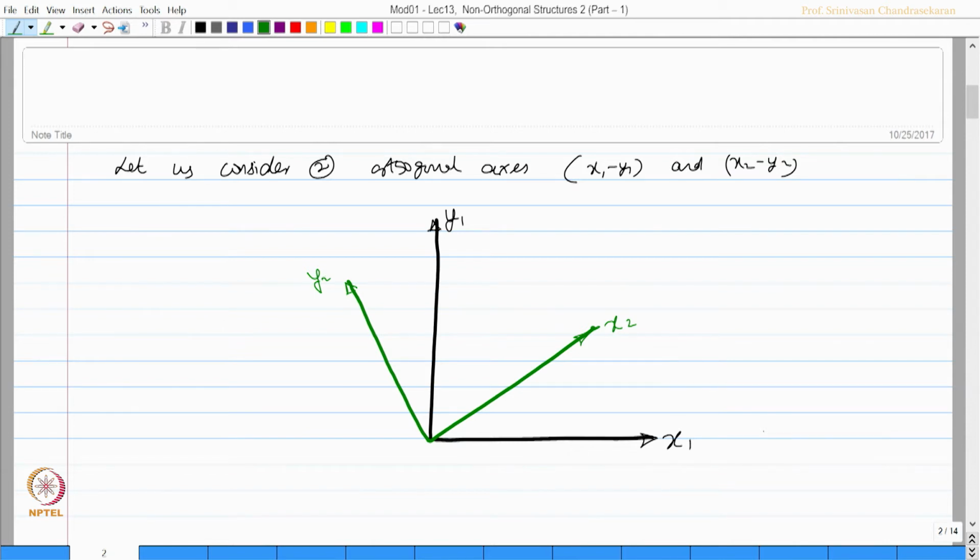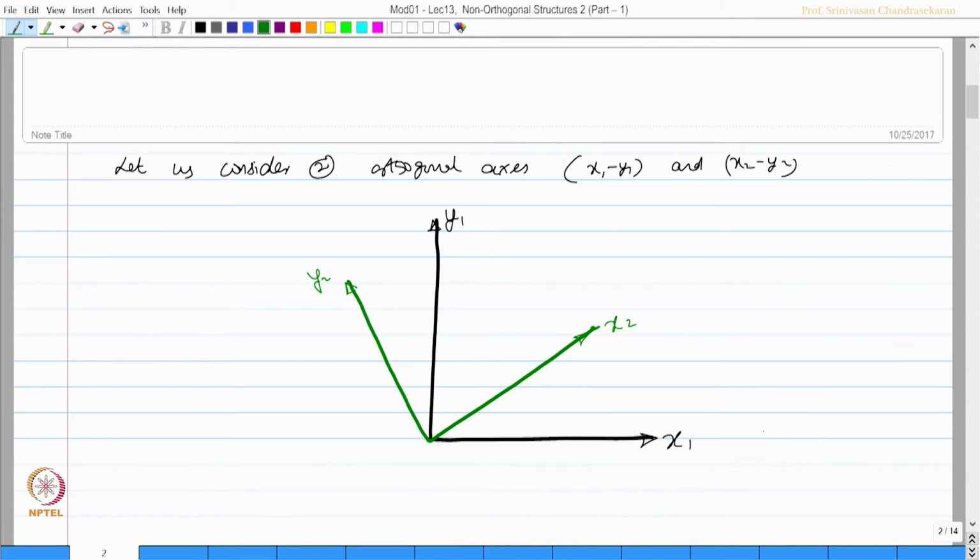You will observe that y 1 is anti-clockwise 90 degree to x 1, similarly y 2 is anti-clockwise 90 degree to x 2. So, we are maintaining that relationship between y 1 and x 1, be it x 1 y 1 axis or the other reference axis x 2 y 2.